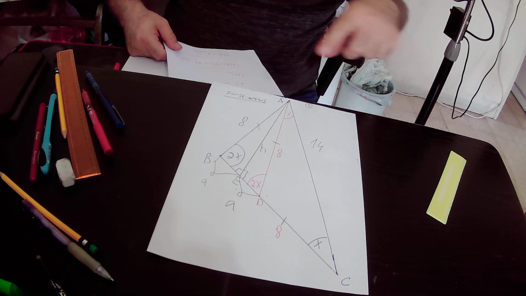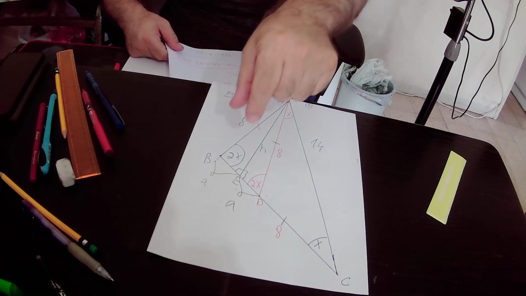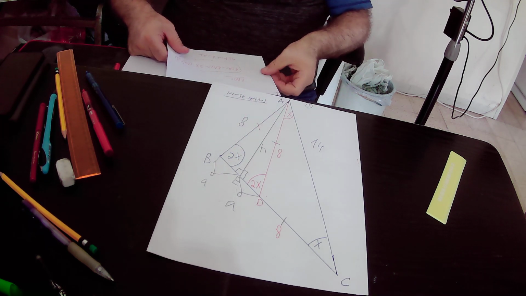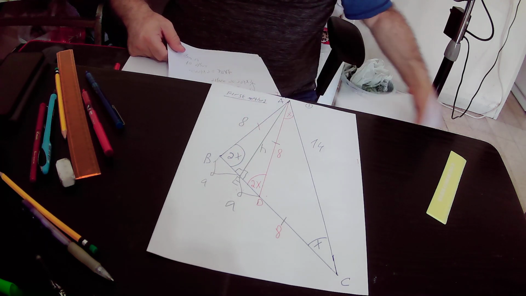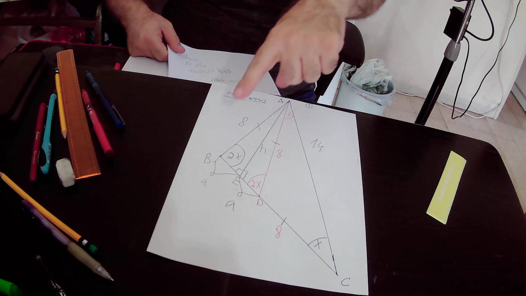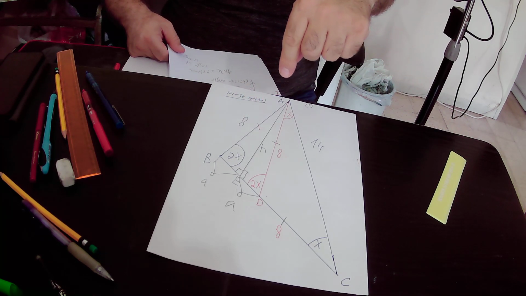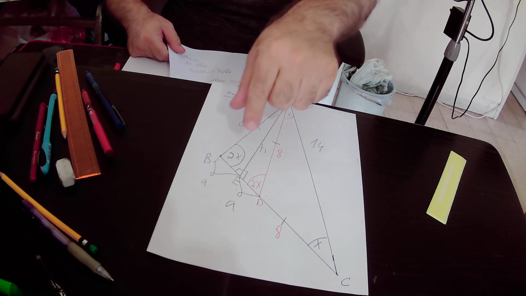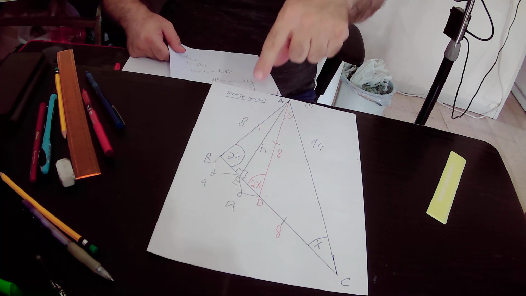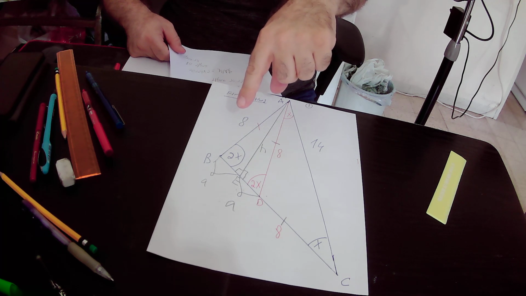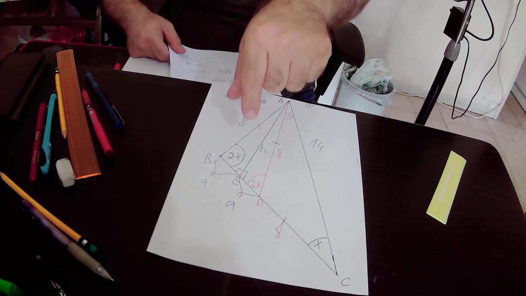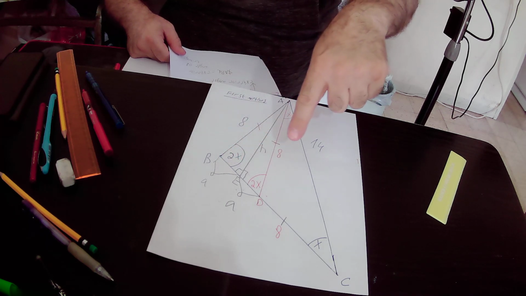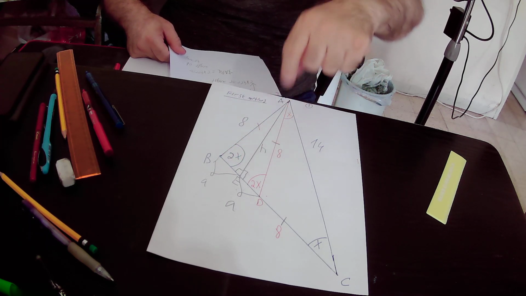That is to say, AB squared equals BE squared plus AE squared, and we know that AB equals 8 units, AE equals h, and BE equals A, so AB squared is 64, equals BE squared, that is A squared, plus AE squared, that is h squared.